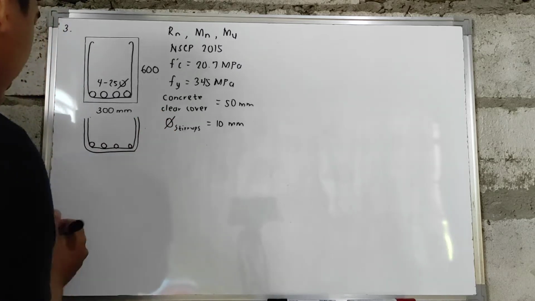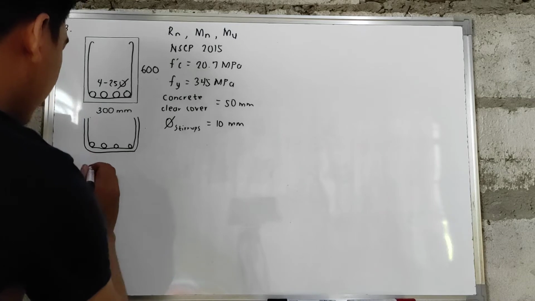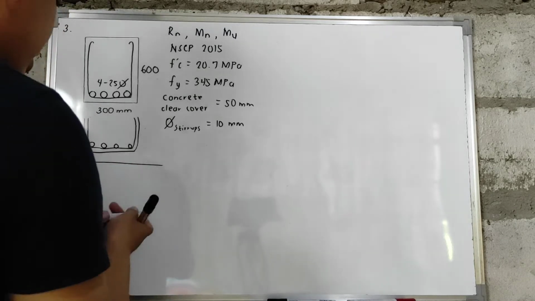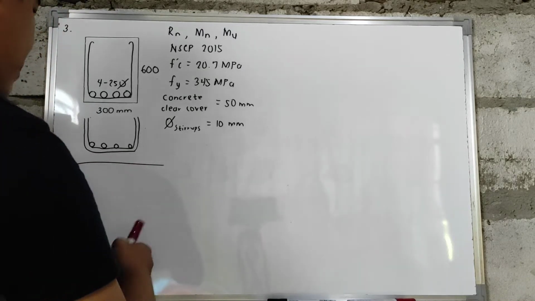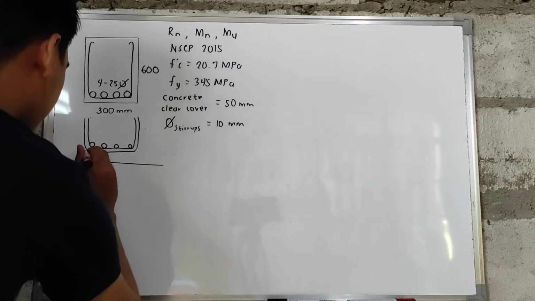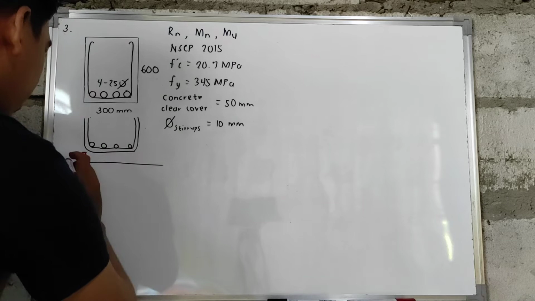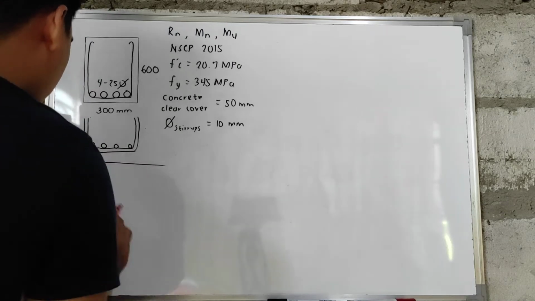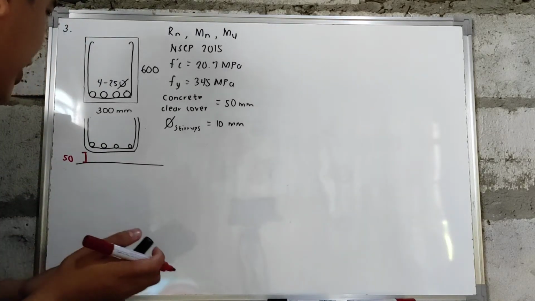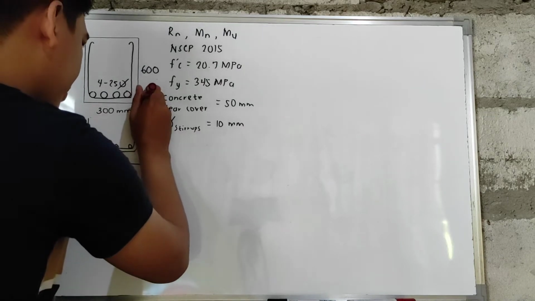So pag sinabi natin concrete clear cover, ito yan. So ito yung magiging base natin. So meron daw tayong 50 mm na clear cover dito. So from the face ng stirrups natin, hanggang dun sa extreme fiber in tension natin, meron kang 50 mm.